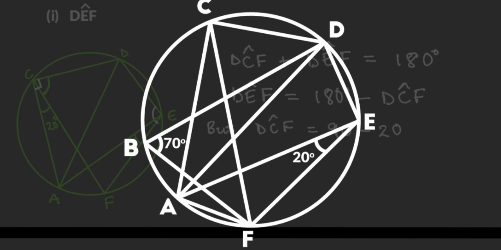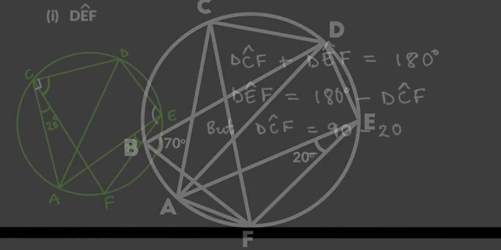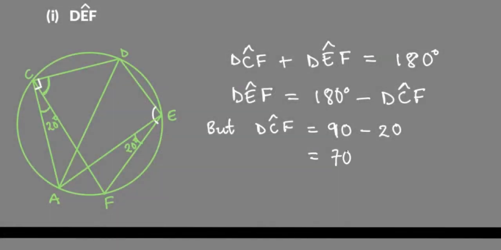You just have to recognize that the 70 and angle DCF are the same. Then we can subtract it from 180. Therefore, DEF is equal to 180 minus 70, which is going to give us 110 degrees.